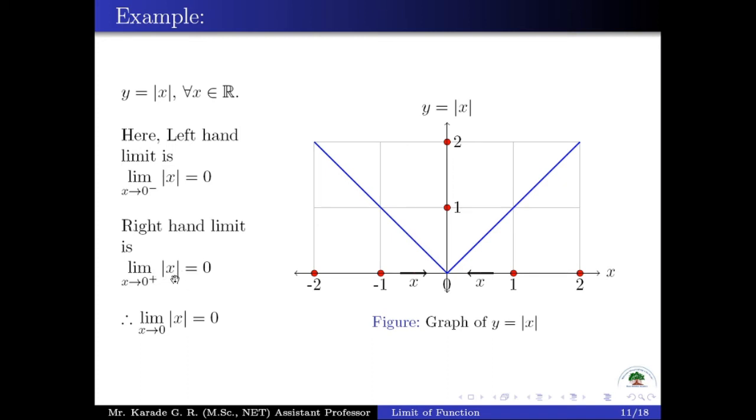The limit of modulus of x is 0 when x tends to 0 from the right hand side of 0. So the value of the left hand limit and the value of the right hand limit are both 0, and therefore the limit of mod x as x tends to 0 is 0. This is a simple example of the limit of a function.